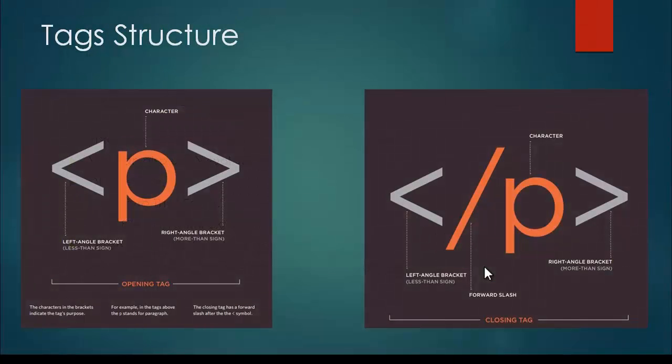The structure of tags is as follows. The first thing is the left angle bracket, then a character like P, H1, H2, IMG. So here is our less than sign or left angle bracket, then this is our character, and then this is our greater than sign, which you can also call a right angle bracket.